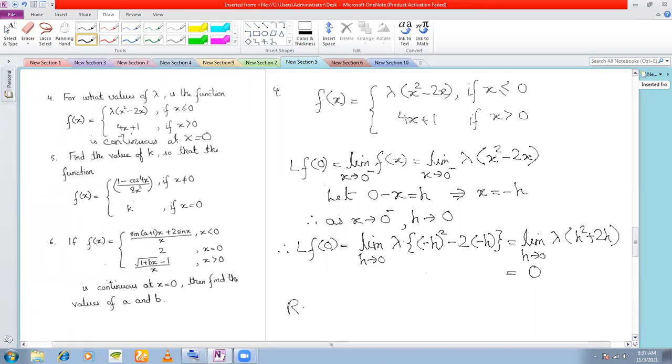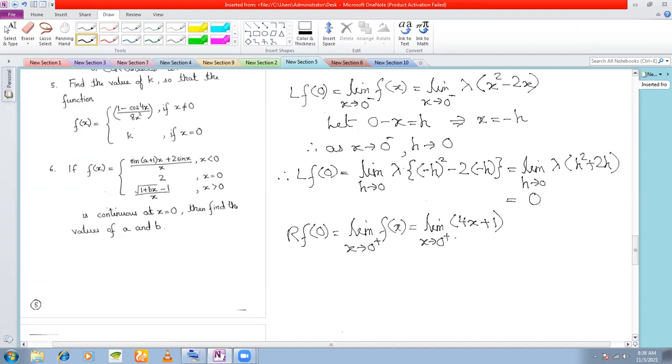Now we evaluate RF0, right hand limit f0 is equal to limit x tends to 0 plus fx. What is the value of fx here? In this case, for x greater than 0, the value of fx is 4x plus 1.